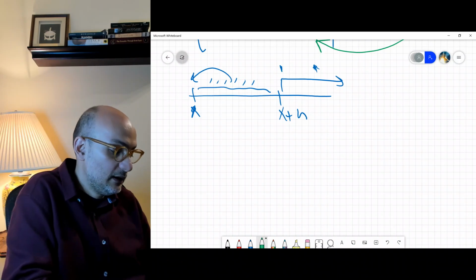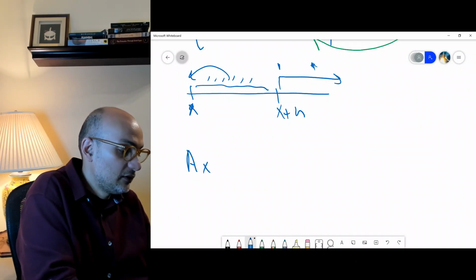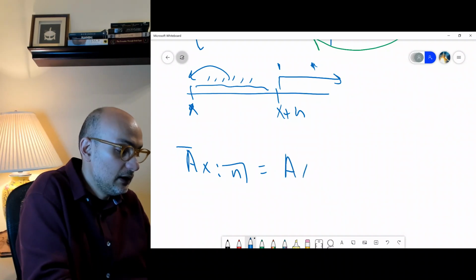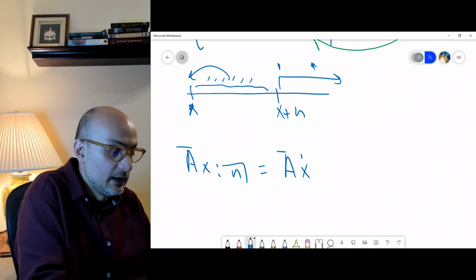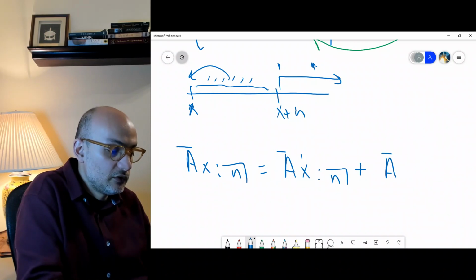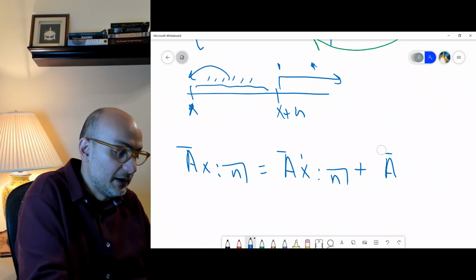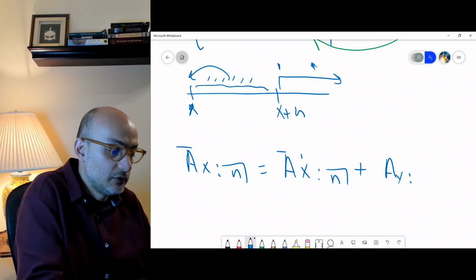So let's summarize. A_x:n continuous is equal to A_x term insurance, paid at time of death, plus $1 if the individual survives to n years.